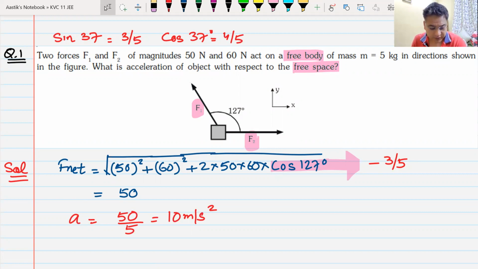For example, if you have a floor like this, and you have a body placed on the floor like this, the body cannot move like this because the floor comes in the way. The body can only move along the floor. That means the body is not free to move in any direction that it wishes. If you attach a body to a string, it can only move like this. It cannot just move in any direction that it wishes.